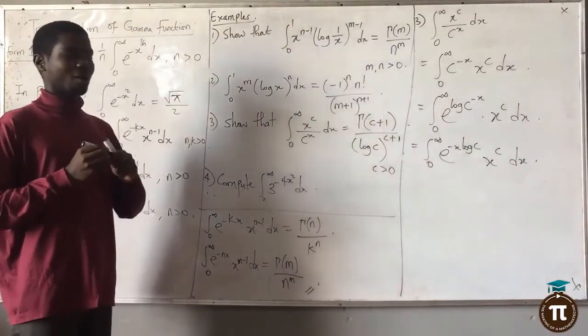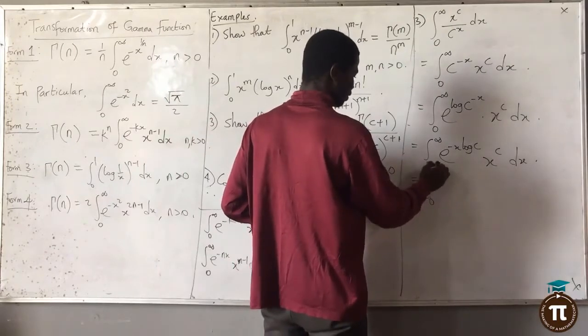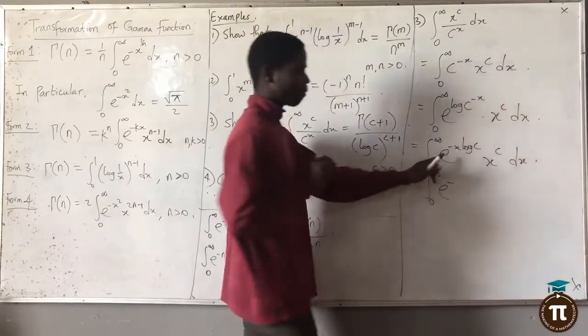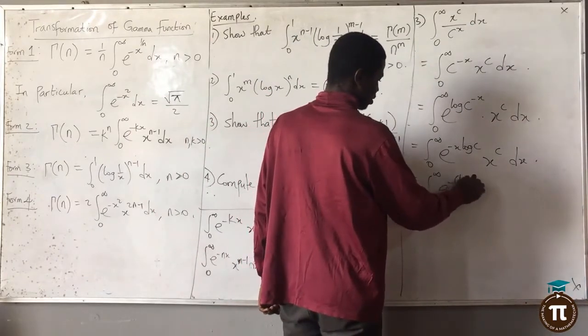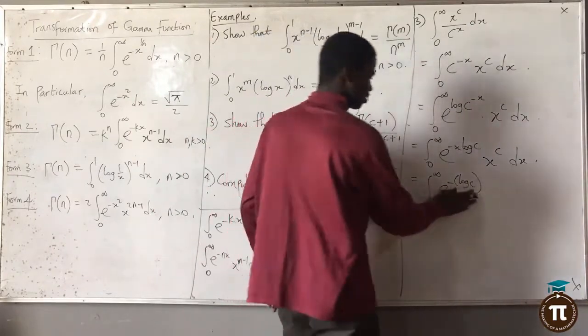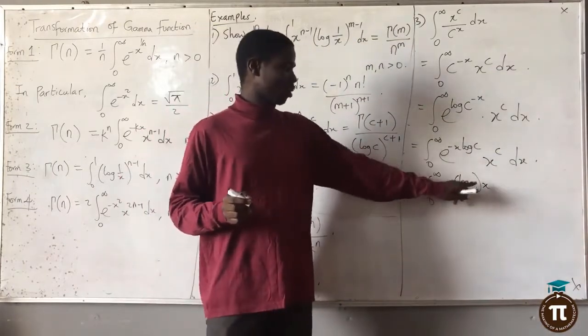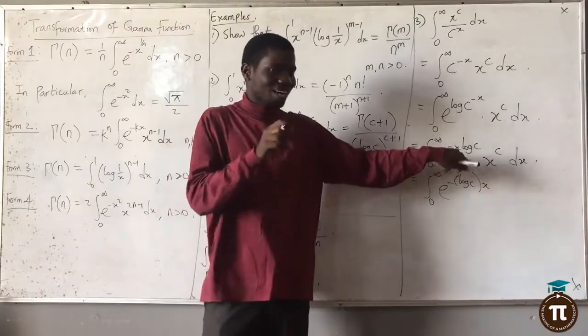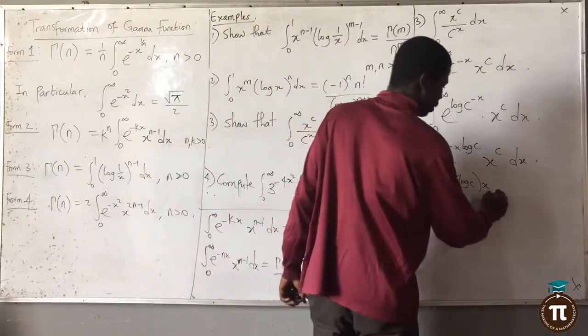I can also write it this way: integral from 0 to infinity of e raised to the power of minus, I decide to write log c first, multiplied by s. It's still the same thing. Whether you put s at the back or you put it here, just make sure it's not inside the log. So I have s raised to the power c ds.